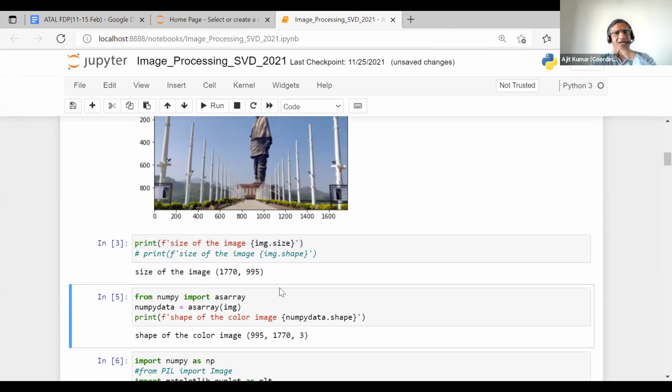The size of this figure is 1770 by 995. It's a 3-dimensional matrix. That's the shape it finds.